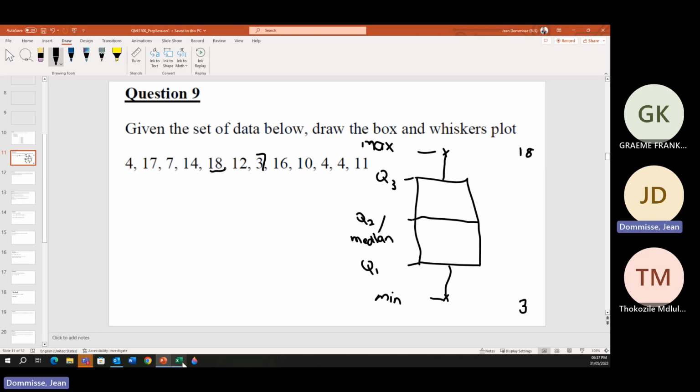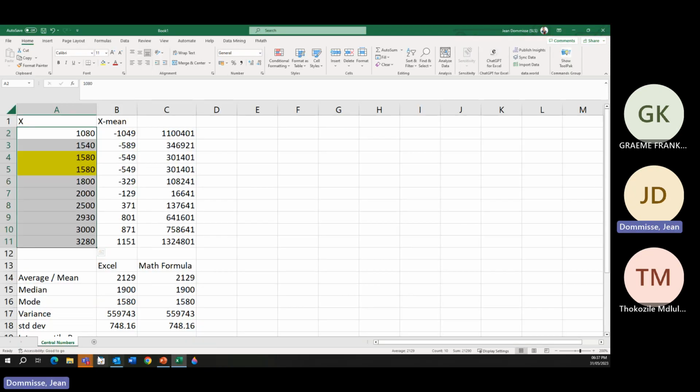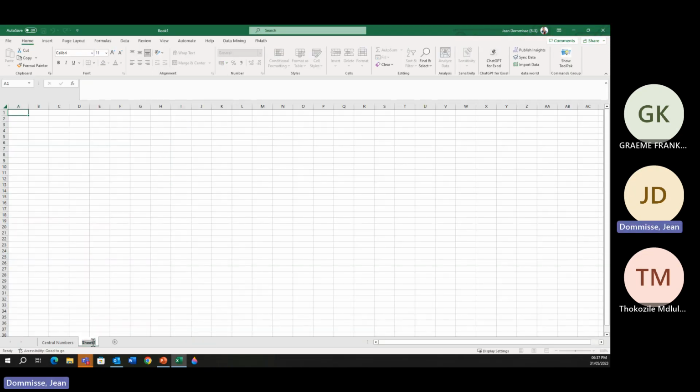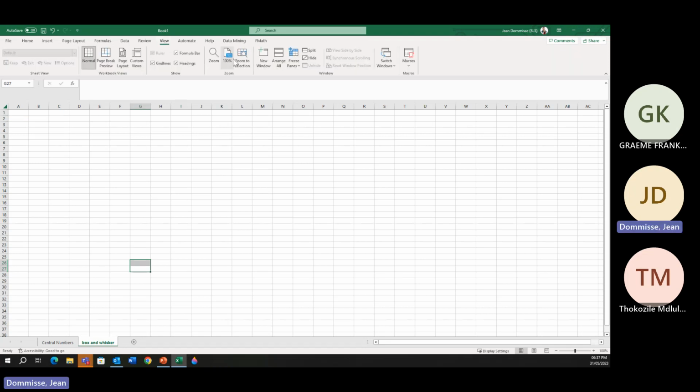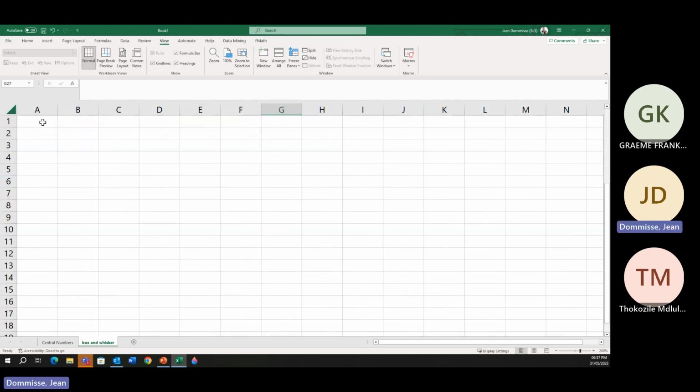Then I would go to Excel again for the box and whisker, and use Excel to work out the Q1, Q2, and Q3. But that's weird. Why? Okay, let me just look at the data.